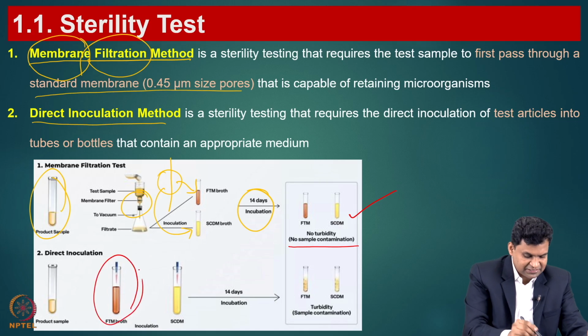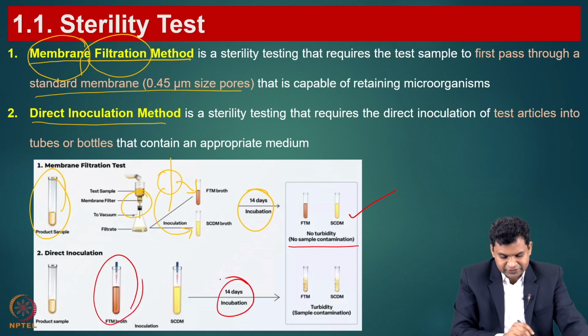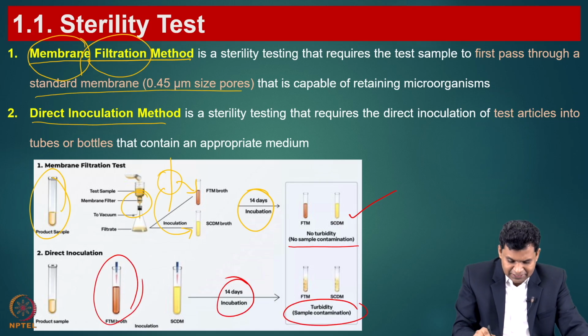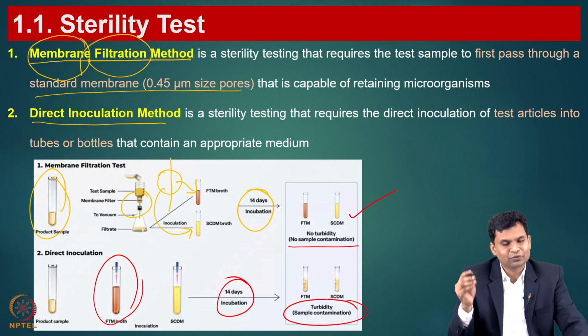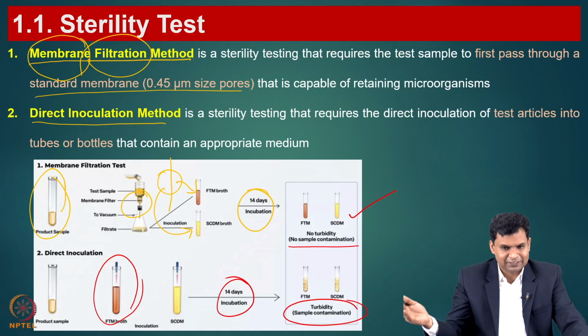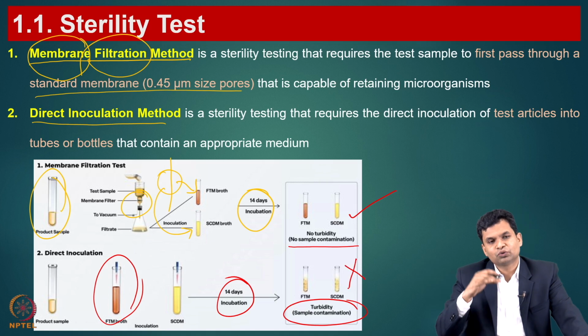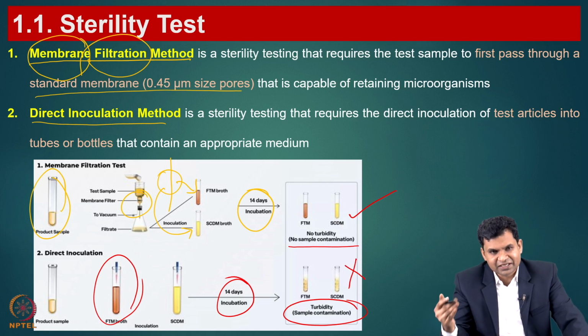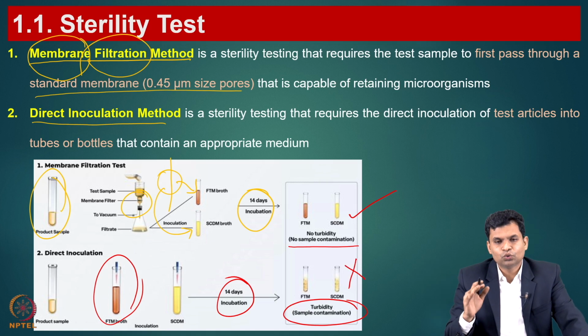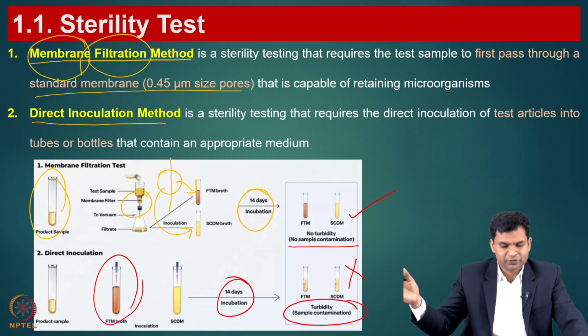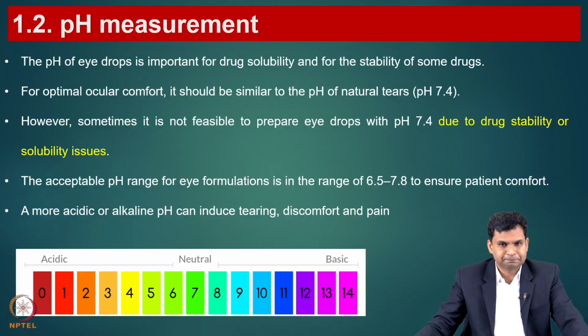We mix the sample and keep it for 14 days, and if you find any turbidity, that means your product is non-sterile. So we need to discard the entire batch, or repeat once again to recheck the sterility.